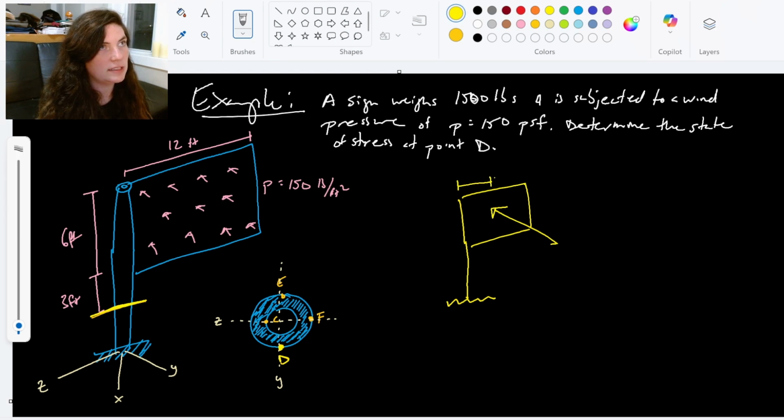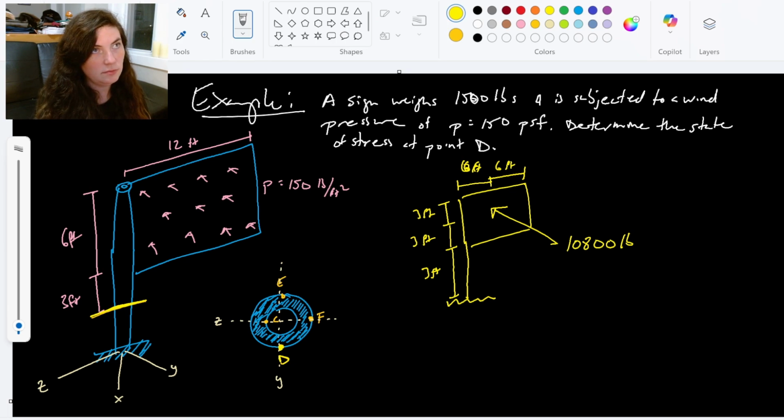That would make this distance 6 feet, this distance 3 feet, and 3 feet, and this distance is also 3 feet. But that 12 times 6 times 150 gives me a force of 10,800 pounds.